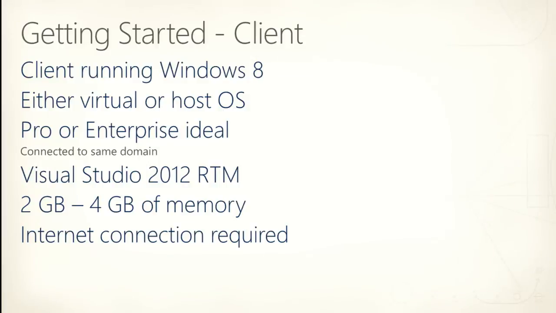My example today, I went with virtual because my SharePoint environment has its own domain controller, and I want the client on the same thing, so we'll be running that virtualized. That's why Pro or Enterprise is ideal, so you can actually connect to that domain. I've gotten by with 2 to 4 gigs of memory for this, so between that and SharePoint, already you're looking at pushing 16, and don't be surprised if I get a memory warning, even in the middle of my demos, because I'm really pushing it to the max.